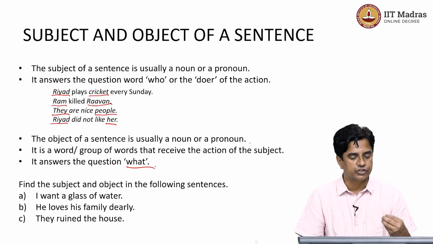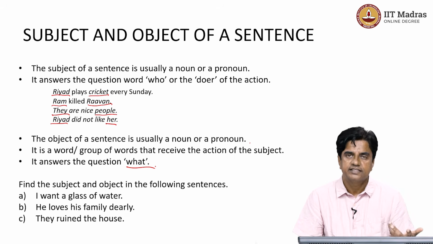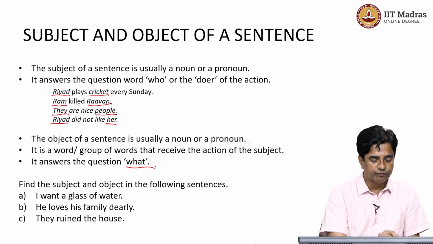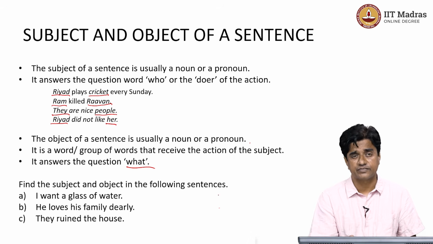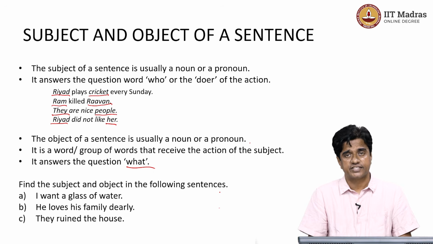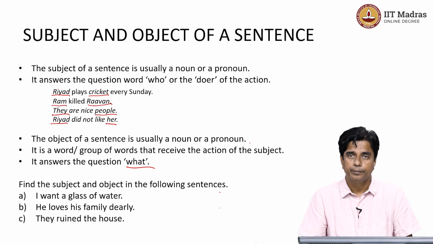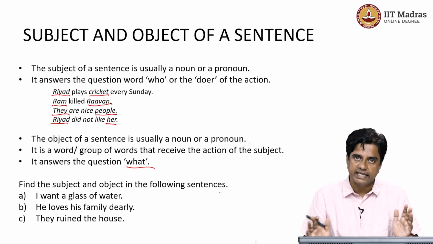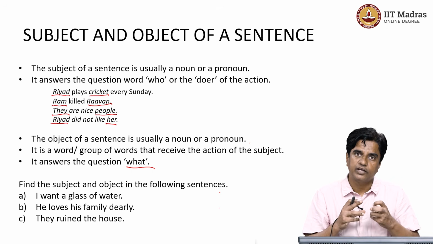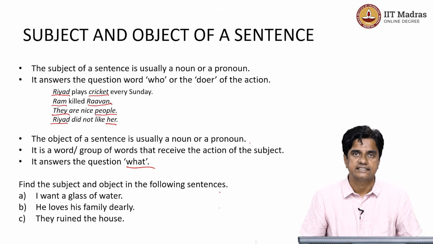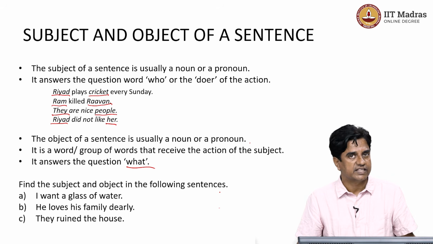An answer to the question who can be a subject. So find out the subject and object in the following sentences for yourself. And like I said about adjectives and adverbs both, now you can make a sentence to identify all these things in a sentence. That will give you a proper understanding of how we understand parts of speech when we speak.